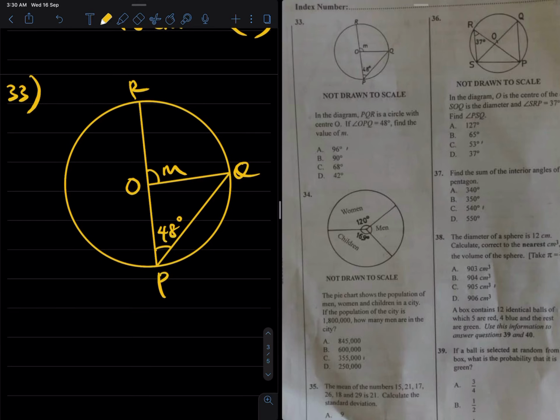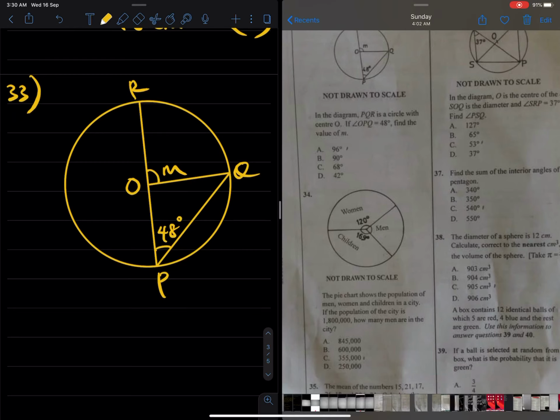Alright, if OPQ is 48 degrees, OQP and OPQ are equal, so this is also 48 degrees, because OPQ is an isosceles triangle.